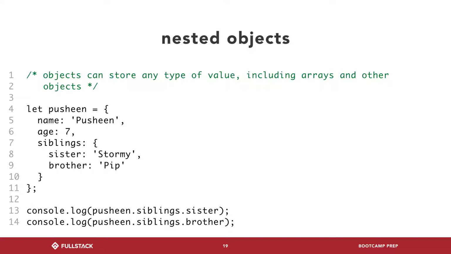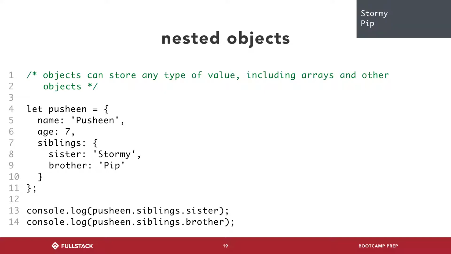So when we look at Pusheen and we do Pusheen.siblings, as long as a siblings key exists on Pusheen, we're good. And whatever this gives back to us, if we do .sister, as long as the sister key exists on whatever this gives back, we're good. So we can use dot notation infinitely to traverse through and get heavily nested values.